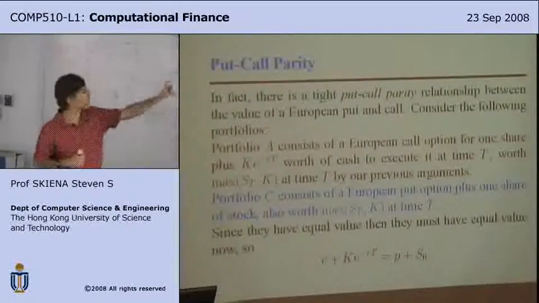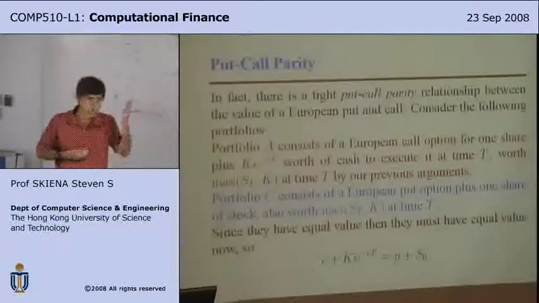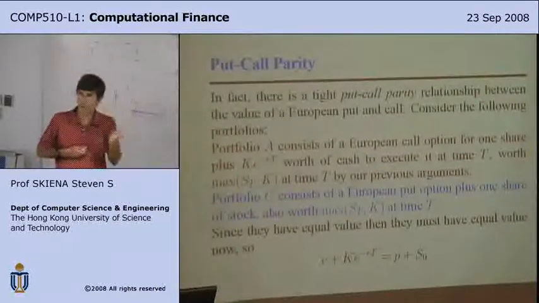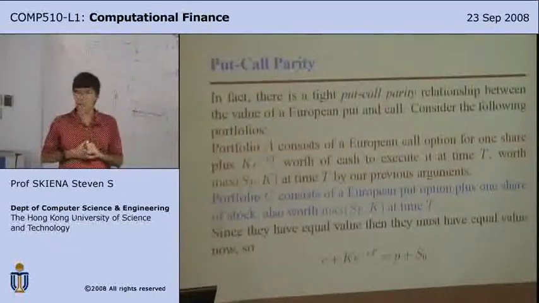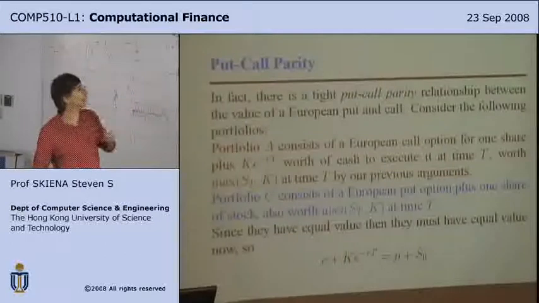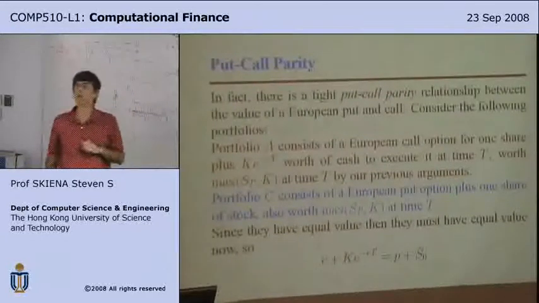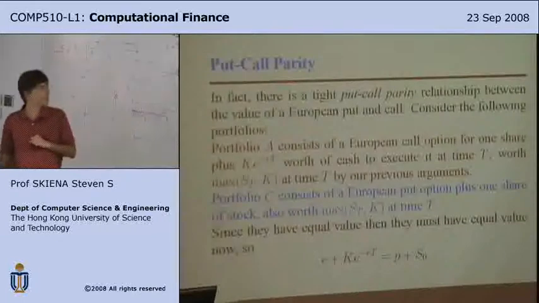That's really what this argument is going to tell you. The put price of something is going to be related to the call price for the same stock. Let's say we have a European put and call on a particular stock at a particular strike price.